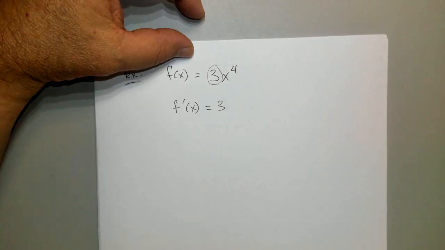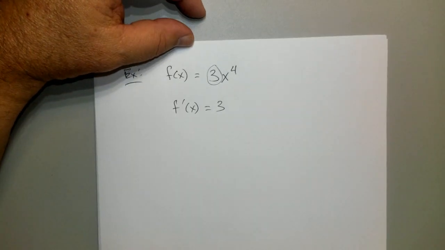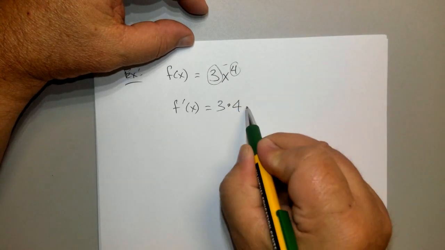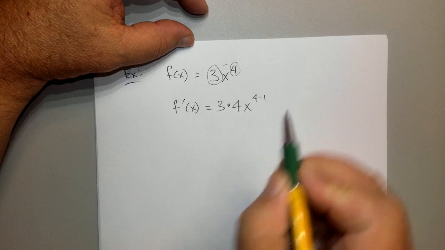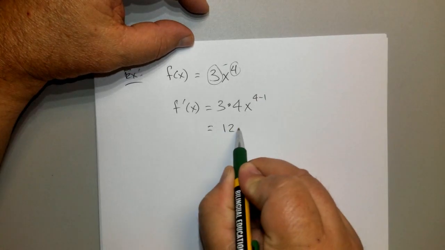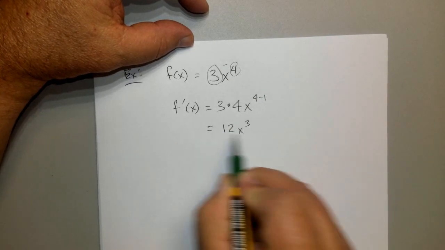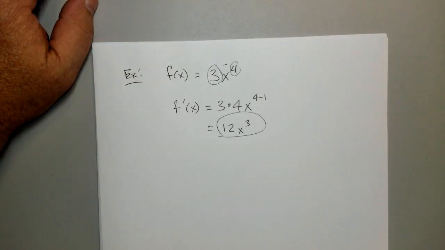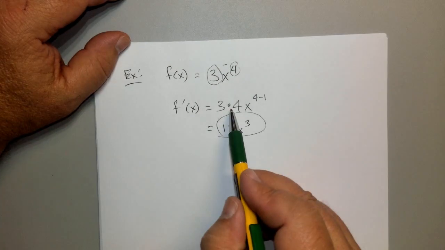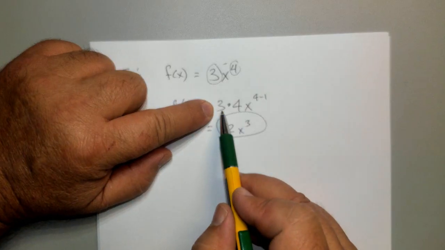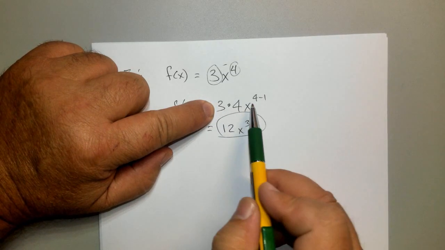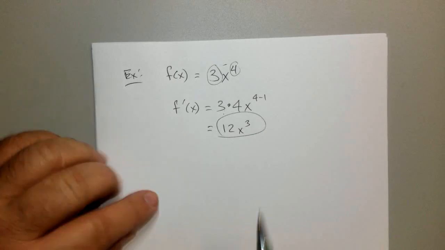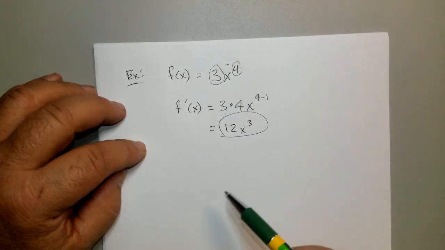There's your constant multiple. Bring down the 4, and then 4 minus 1. 12x to the third. And there we have it. That's our derivative. That's the slope. You have to, because when you bring it down, remember, that's a constant multiple. It multiplies with whatever we have here. So when we bring down the 4, it has to multiply with 3. Because if not, it'd be 34, and that's totally wrong.